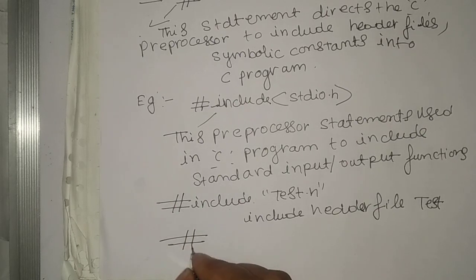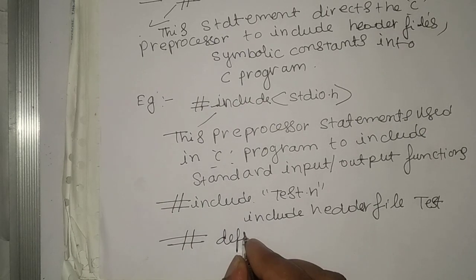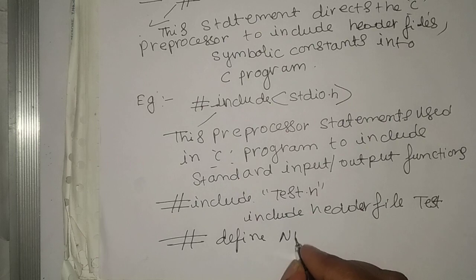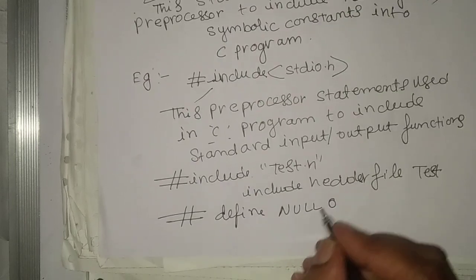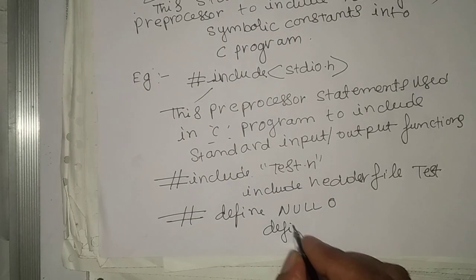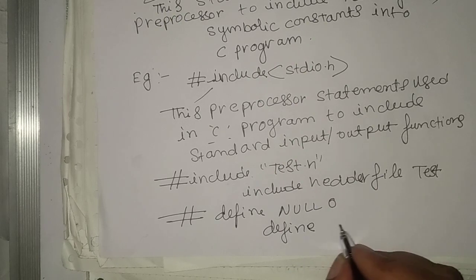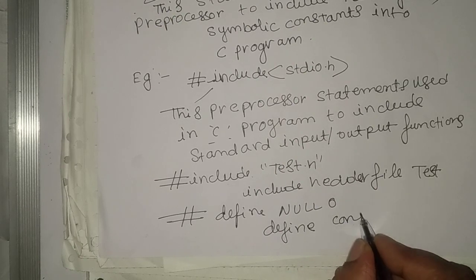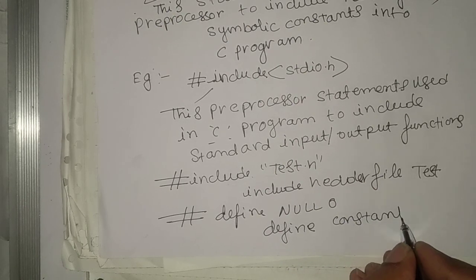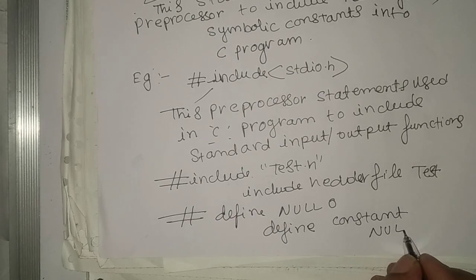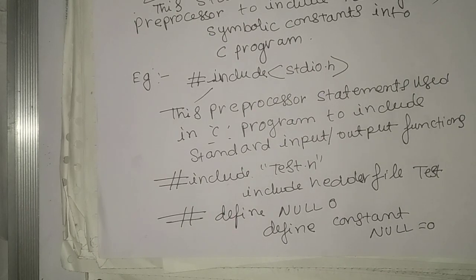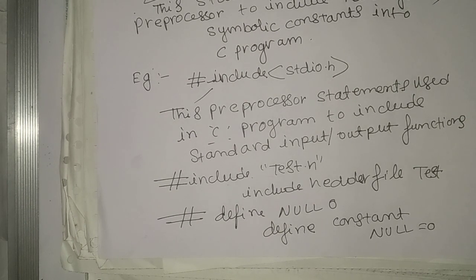Again, one more we'll take: define NULL 0. So we are defining a constant: NULL is equal to 0. This is the meaning. NULL we are taking as 0. So this is about the preprocessor statement, the first statement in the C program.